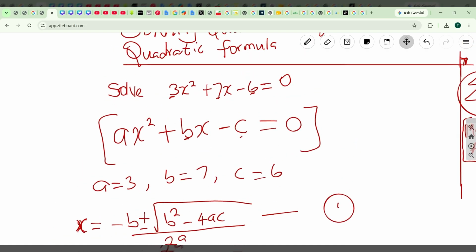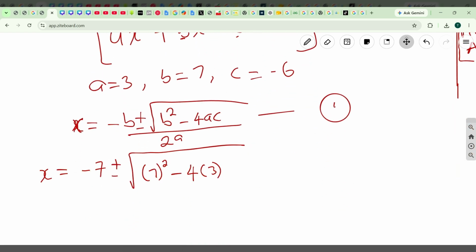Okay, c is negative 6, not just 6. Take note, c is negative 6. So in this case, our c is going to be negative 6, divided by 2, and our a is what? 3.